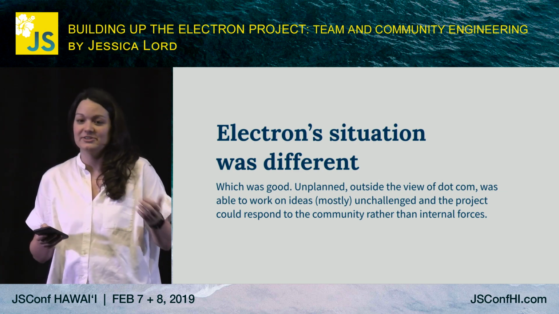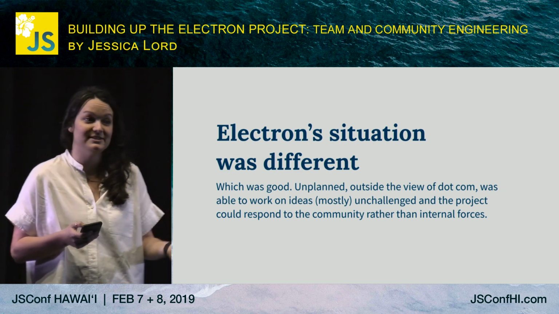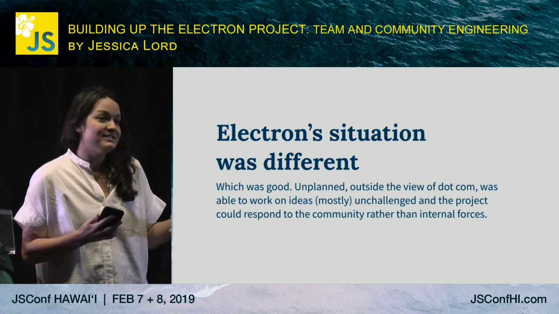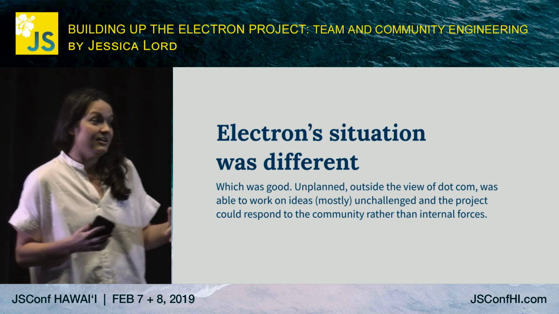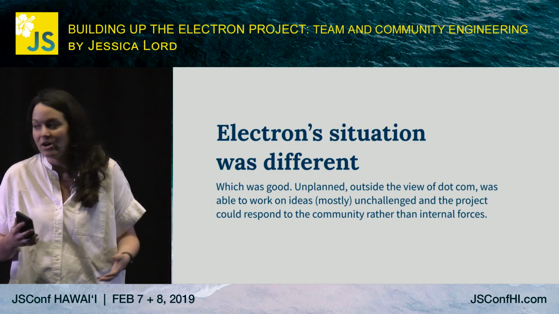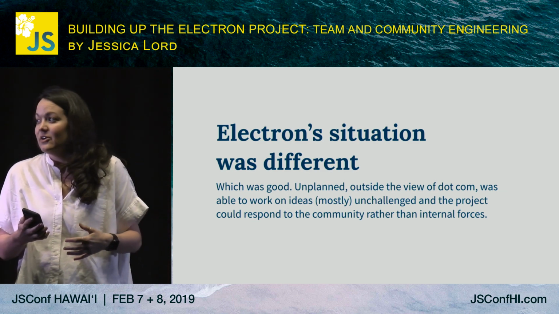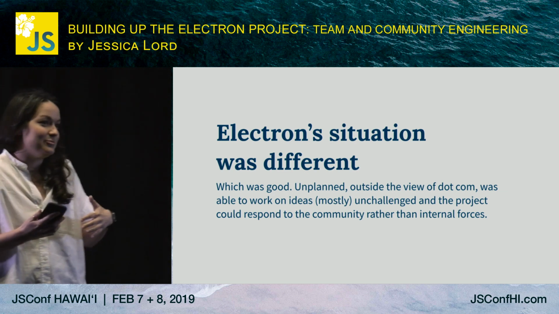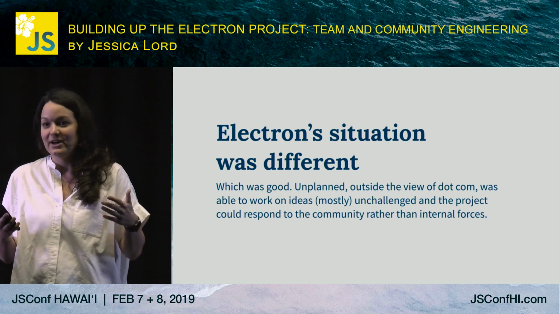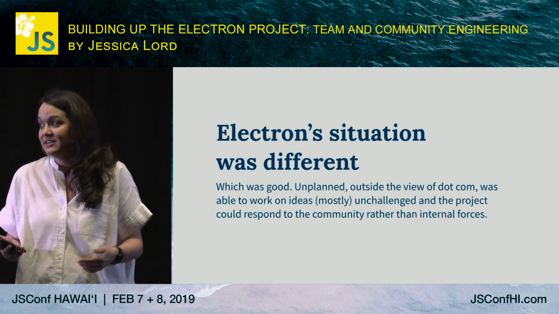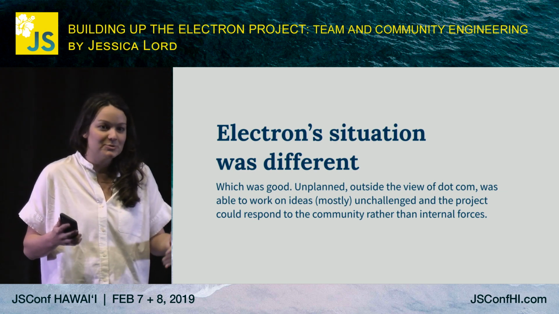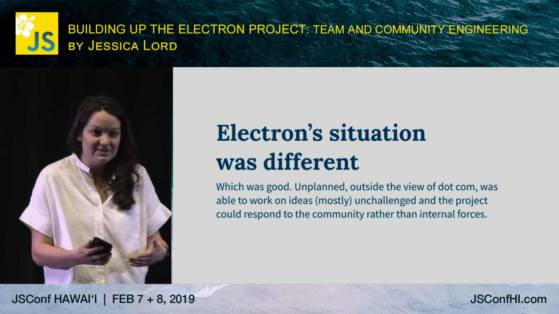Electron's situation was also really different, and I think that worked to its advantage. It wasn't like Atom. Atom was GitHub's vision and an internal vision that had been shaped and cared about for a really, really long time. And so Electron didn't have that. Electron wasn't planned. It was off kind of to the side, and all of that worked out really great for Electron. And Electron got to be in this really unique position where it was an open source project that really responded to the community.